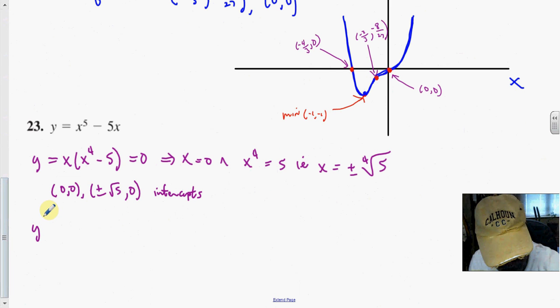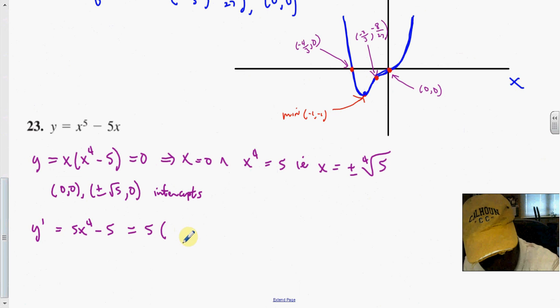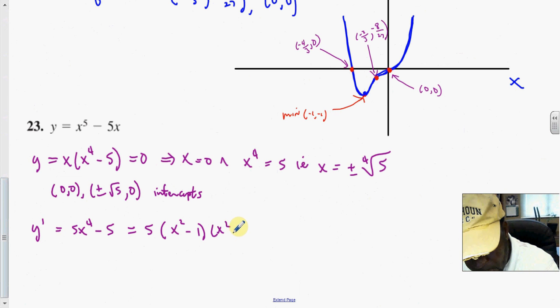So now, what about y prime? So y prime is 5x to the 4th minus 5. Factor out a 5, and then we can factor. This is x squared minus 1 times x squared plus 1 equal to 0.